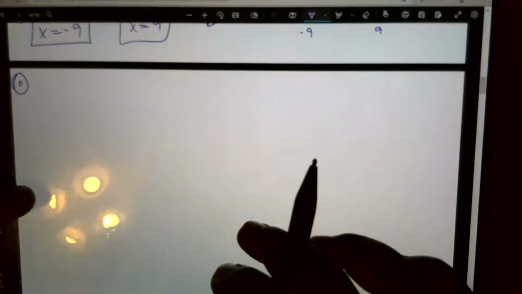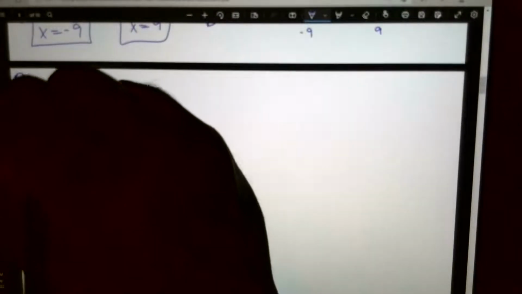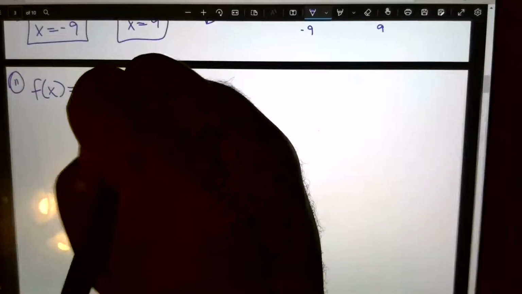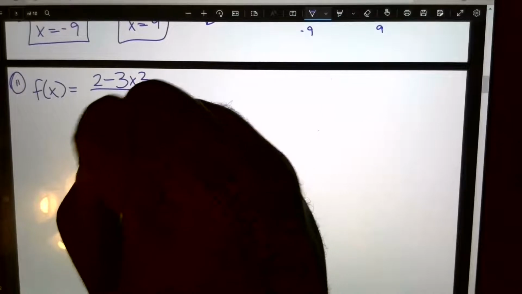You let me know. Right, so f of x is equal to 2 minus 3x squared over x squared.